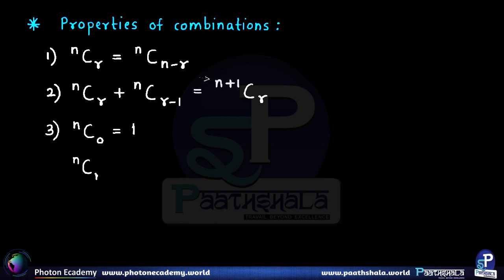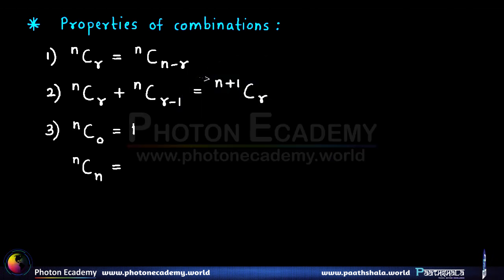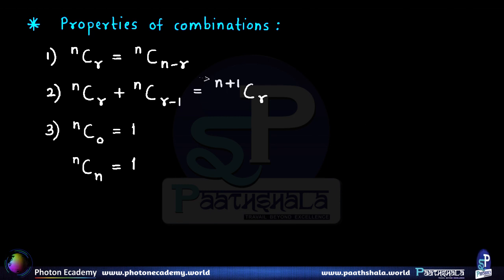Now on the other hand, if we consider nCn, that is the number of ways of selecting n objects from n objects, that also can be done in only one way, because we have to take all the objects at a time. Of course, these results can also be derived from the formula of nCr.